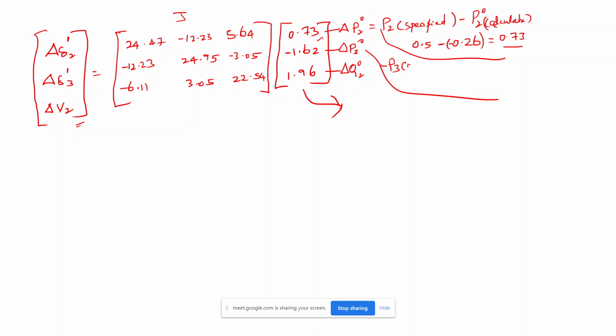this is specified minus P30 calculated. Tell me what is the specified value they have given for P3?